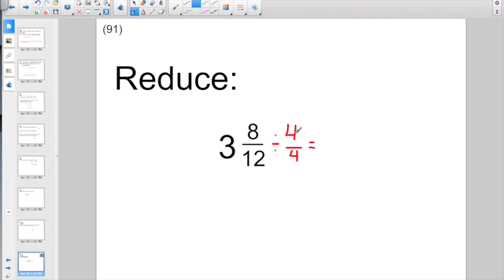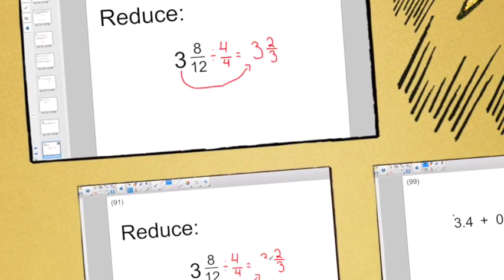So let's pick the greatest common factor and only have to divide once. 8 divided by 4, that's going to give me 2. 12 divided by 4, that's going to give us 3. But we're not out of the woods yet. Let's bring the whole number back into it, because my answer is not 2/3. My answer is 3 2/3.